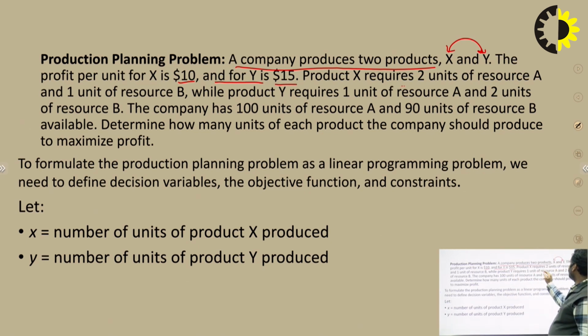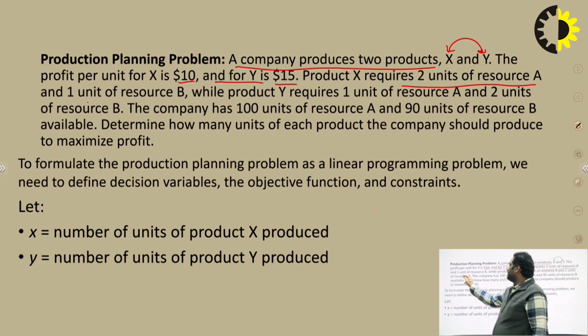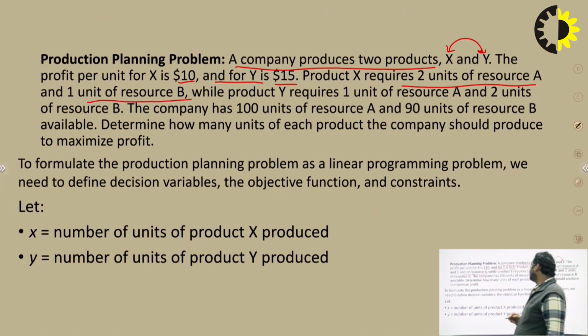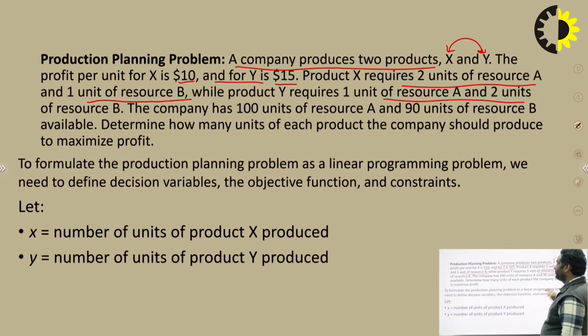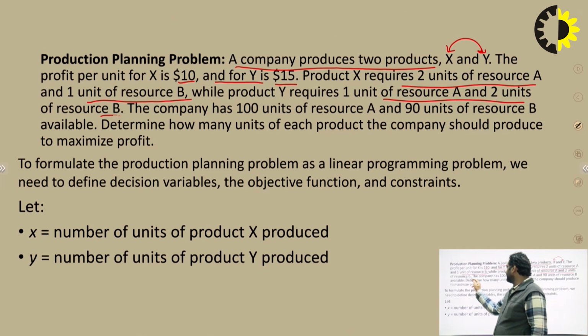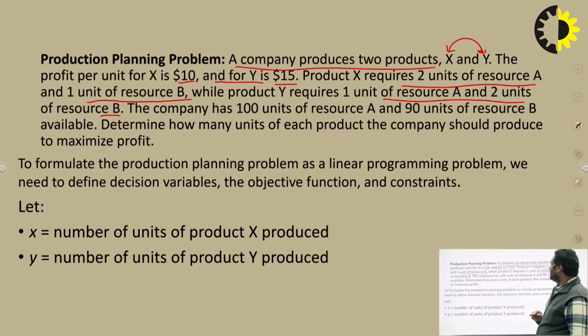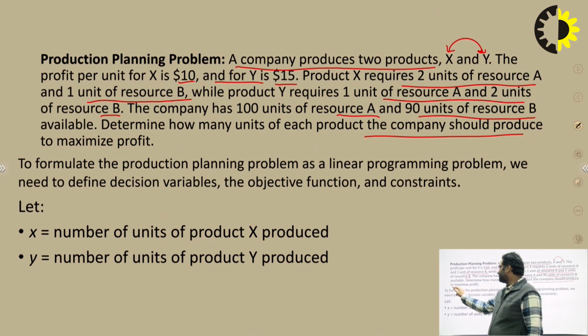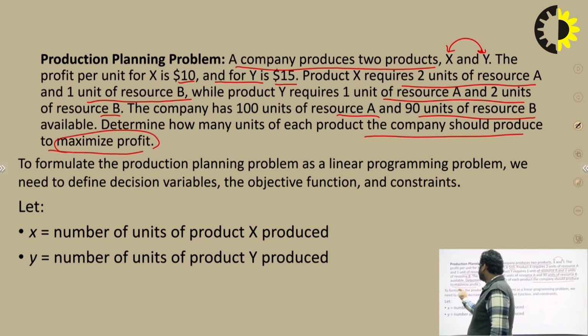Product X requires 2 units of resource A and 1 unit of resource B, while product Y requires 1 unit of resource A and 2 units of resource B. The company has 100 units of resource A and 90 units of resource B available. Determine how many units of each product the company should produce to maximize profit.